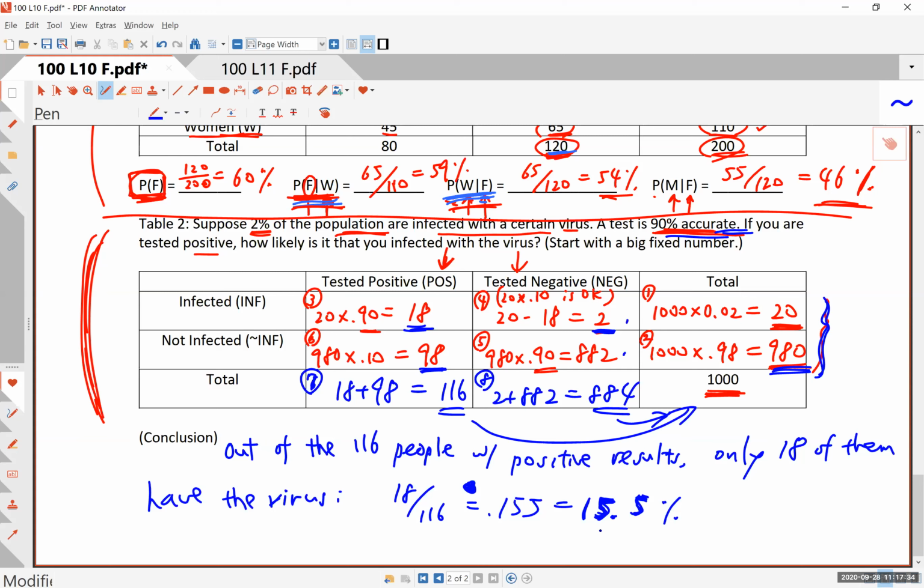In this case, what's the opposite, 100% minus 15.5%? That's like 84.5% chance of false positive. Okay, and so you don't have to freak out when the test result first comes out to be positive.